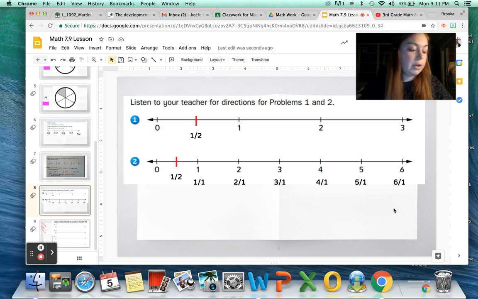What I want you to recognize with these two number lines is that they're showing different numbers of wholes. The first one is 3 wholes, the second one is 6 wholes. They show more or fewer whole numbers, but not changing the distance from 0 to 1. No matter what the size of the distance, it always represents a whole on a number line.